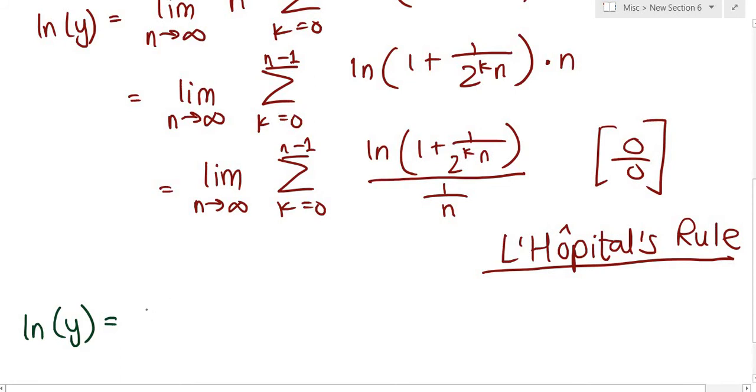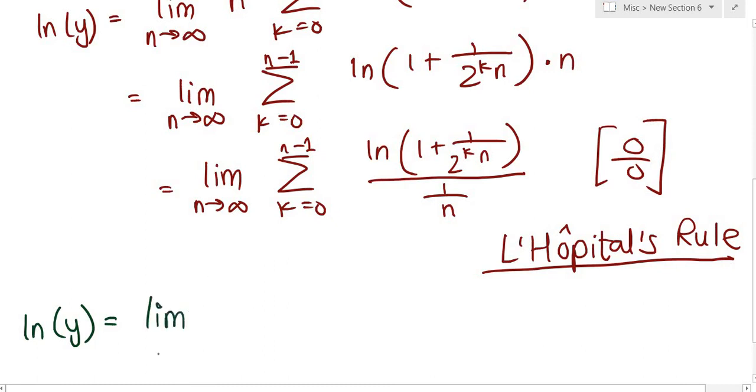Say we have an initial natural log of y. To apply L'Hopital's rule, we differentiate the numerator and the denominator. In this case, we need to differentiate with respect to n, because n is approaching infinity, right? This sum is just going to be there.